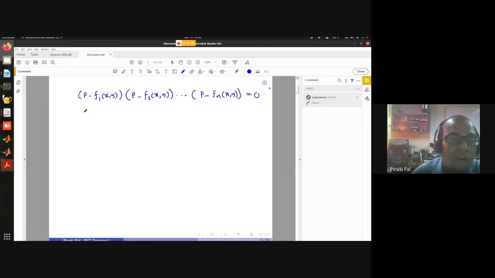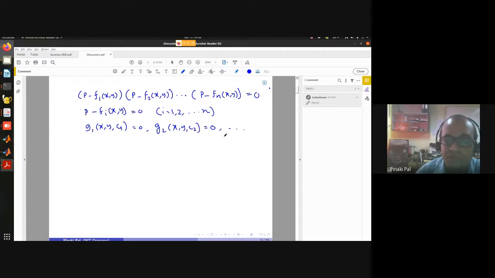Okay, so now what we are doing, we are solving all the equations given by the individual factors, for i equal to 1, 2, up to n. And we are getting the solutions of the form, say, G1(x,y,C1) equal to 0, G2(x,y,C2) equal to 0, and so on, Gn(x,y,Cn) equal to 0.